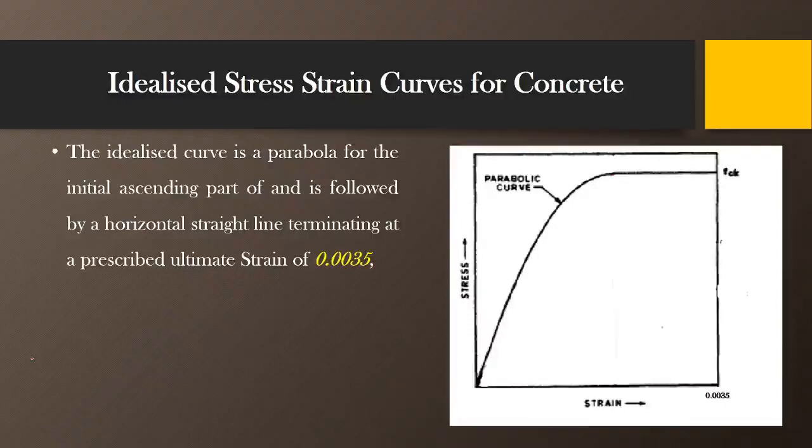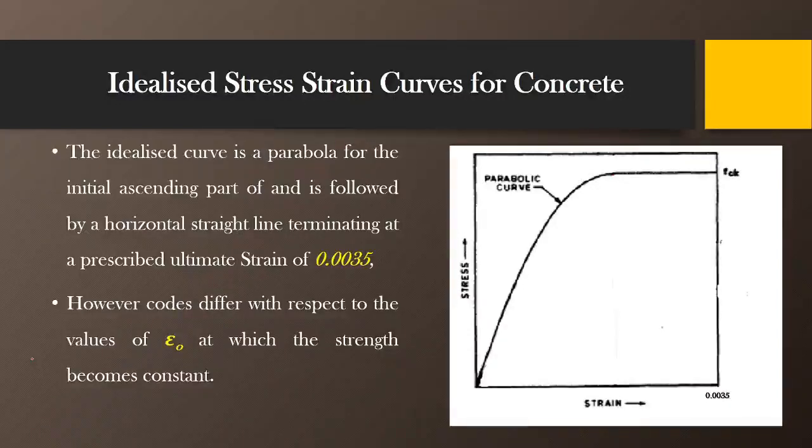Now, as per the codal provisions, the ultimate strain is considered as 0.0035, but the strain corresponding to the maximum stress, normally represented with the symbol epsilon naught, has different values in different codes.